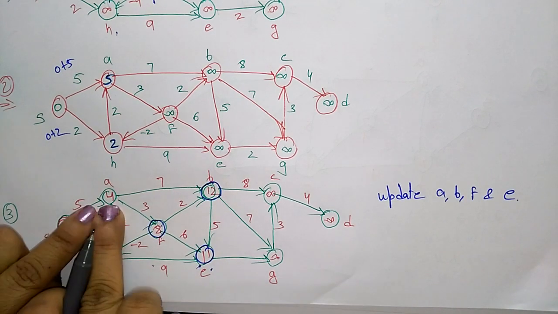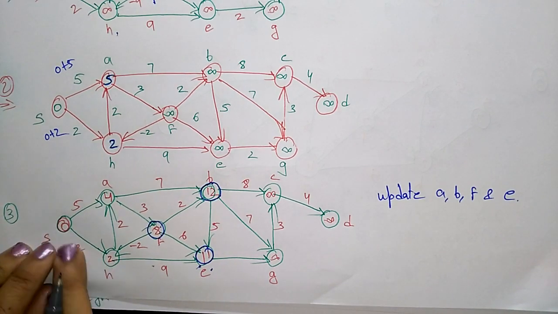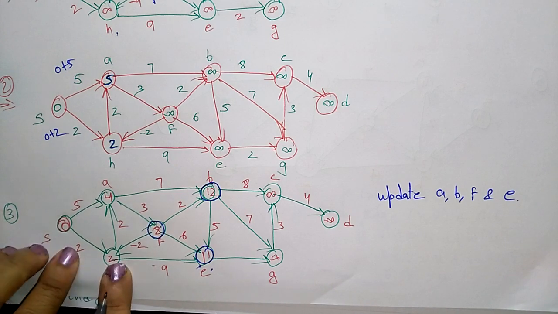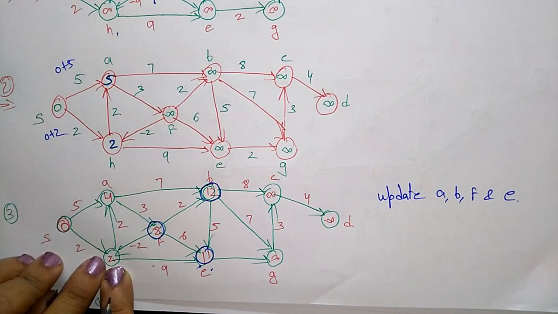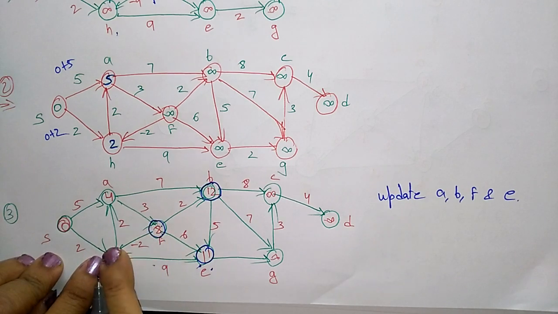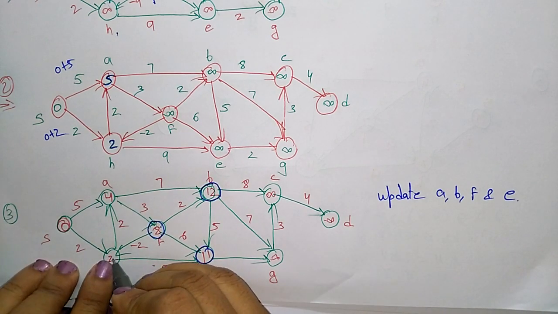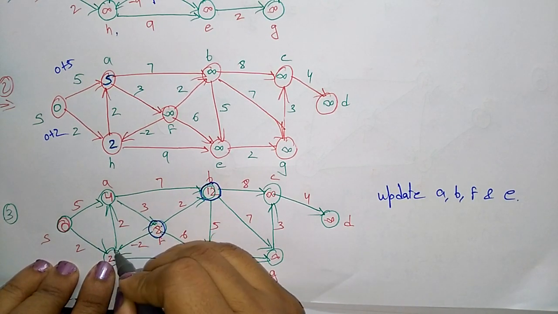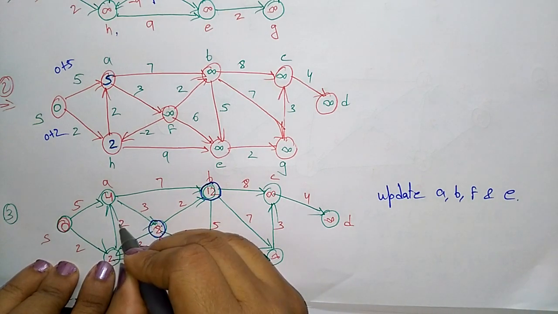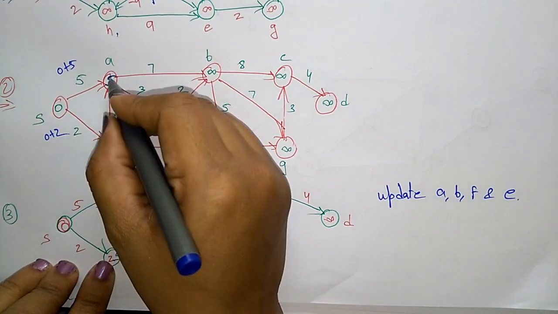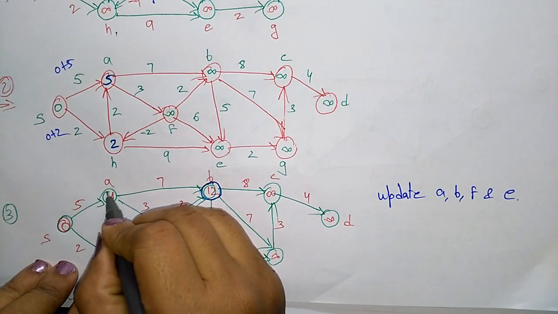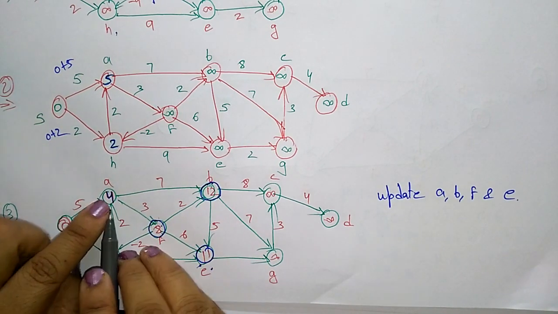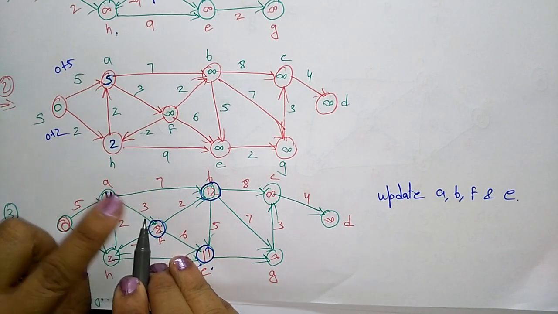Here the arrow is coming like this. So first you check this 2. The other arrow is coming from this side, so don't care about this. Now check here, 2 plus 2 becomes 4. But here it is 5, so just overwrite that and mark it as 4, and add 4 plus 3, you will get 8.